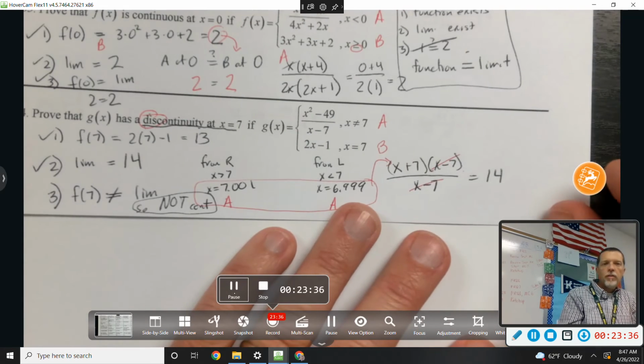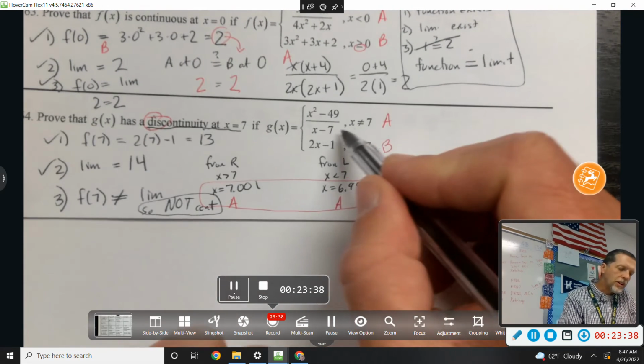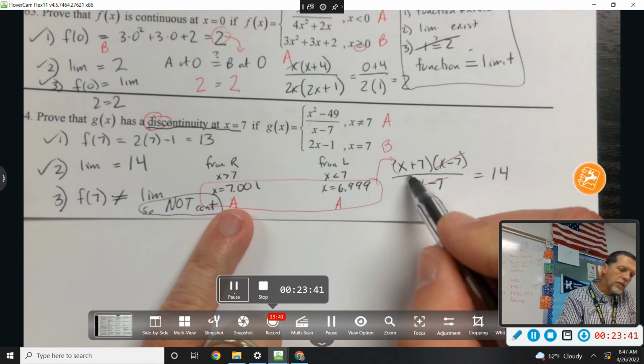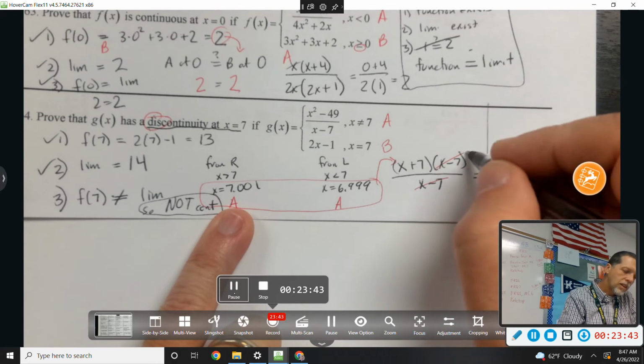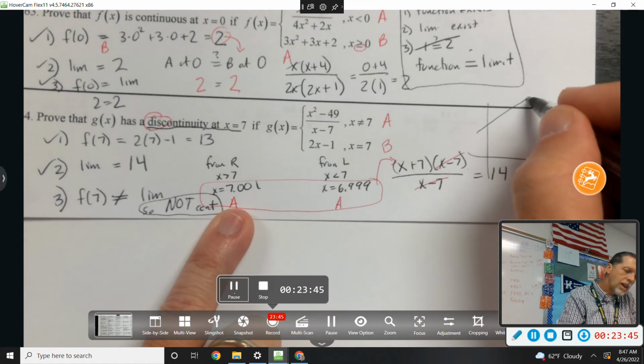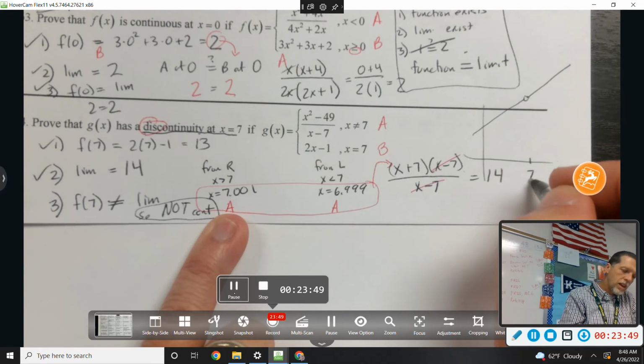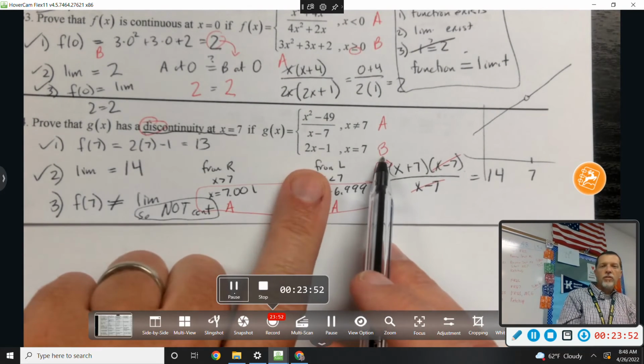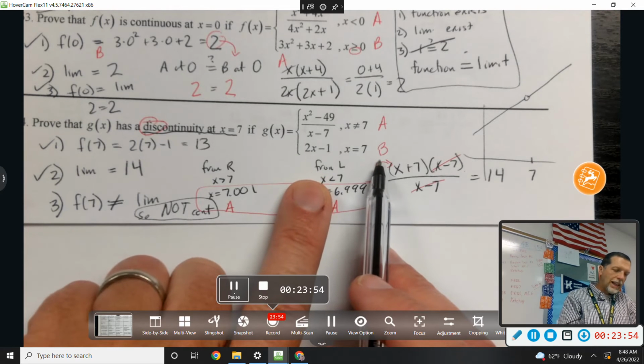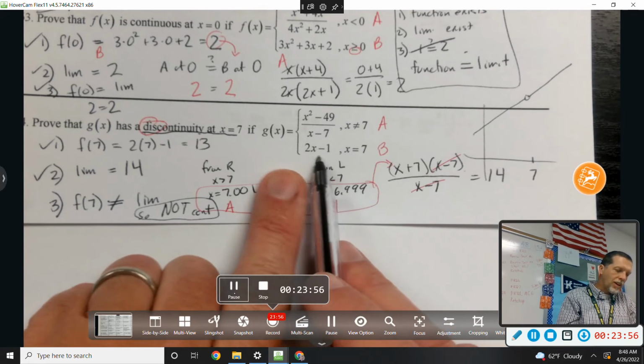To try to make sense of this, if we did a graph of this thing, it would be the graph of x plus 7, except when we get to 7, there's a hole. And whoever wrote this equation, when you get to 7, you plug in 7, you end up at 13.